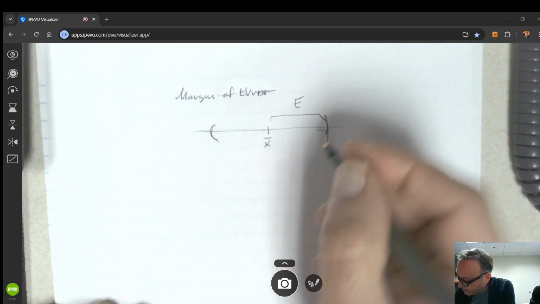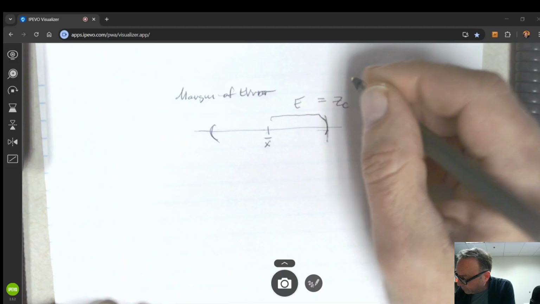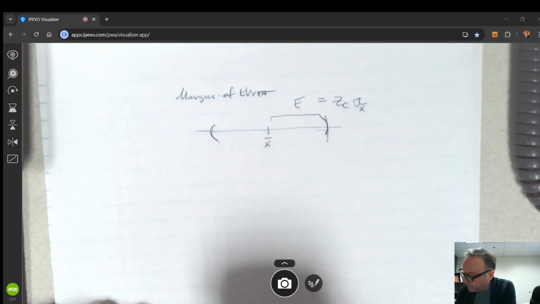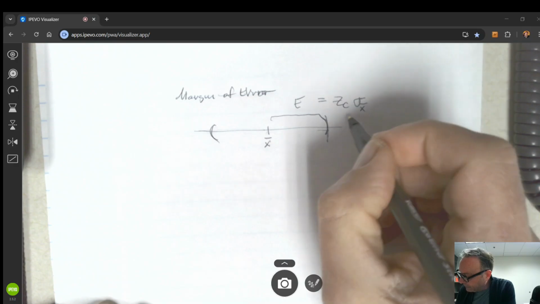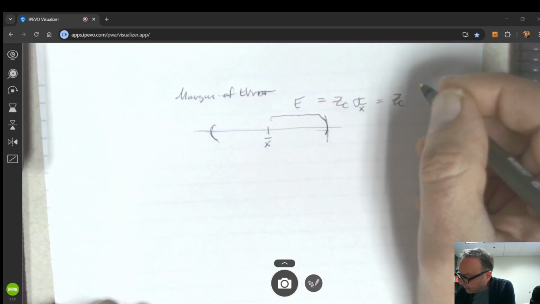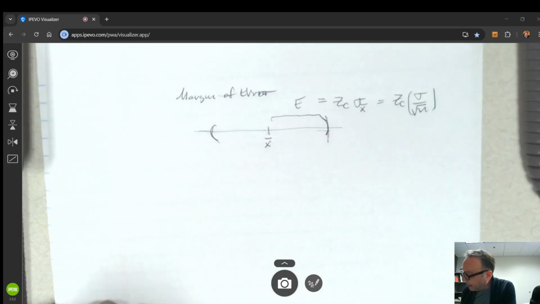Just for right now, I'm just going to give you the equation for that. Remember, we're talking about the sampling distribution, so it's ZC times the standard deviation of the sampling distribution, which, if you remember, for the mean is that.